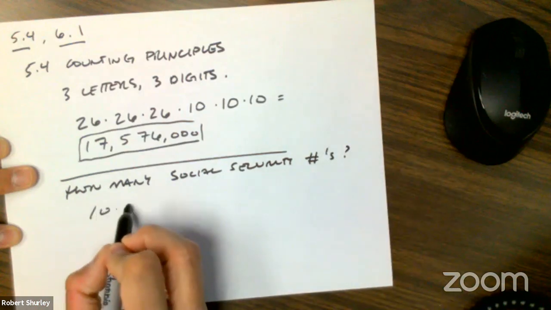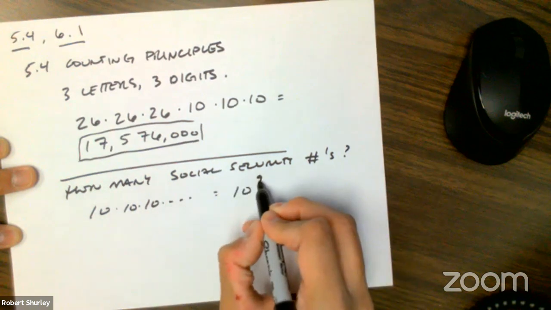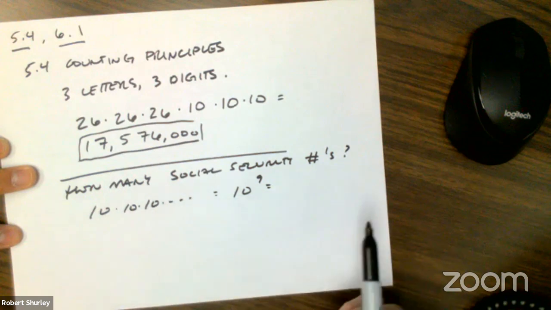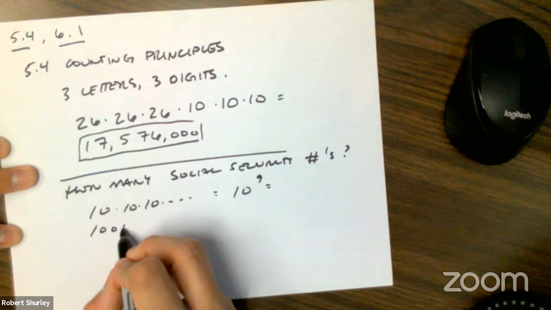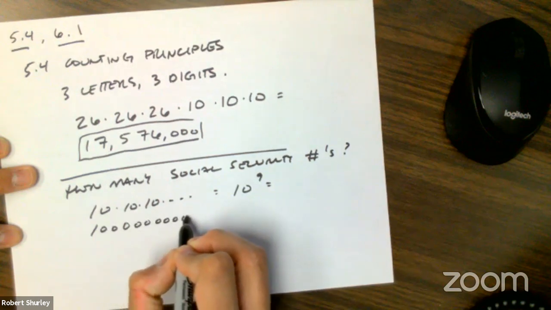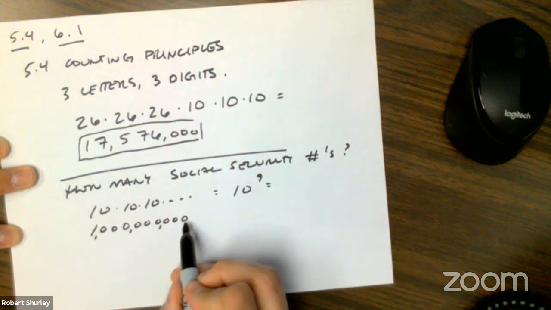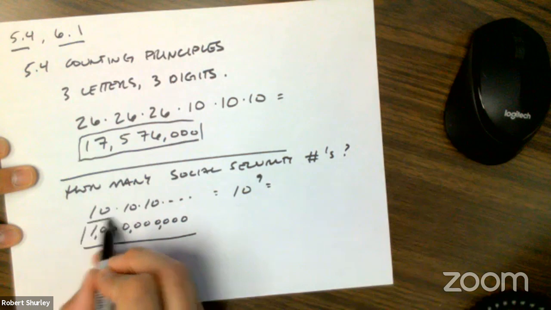Well, it's just going to be 10 times 10 times 10, so it winds up being 10 to the 9th power, because it's 10 multiplied 9 times. And that's a big number: 1, 2, 3, 4, 5, 6, 7, 8, 9 zeros, a billion. You've got a billion options for social security numbers.